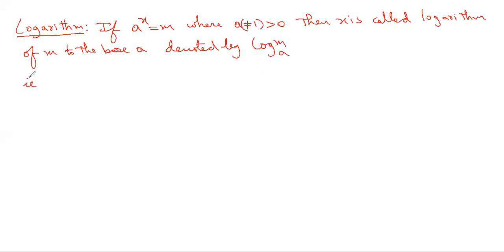That is, a power x equal to m implies and is implied by log m to the base a equal to x. Of course, the condition is a greater than 0, a not equal to 1.